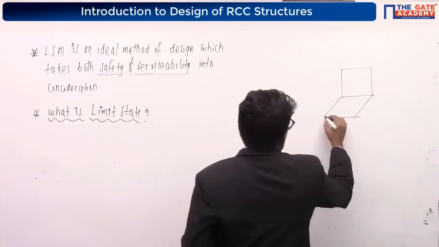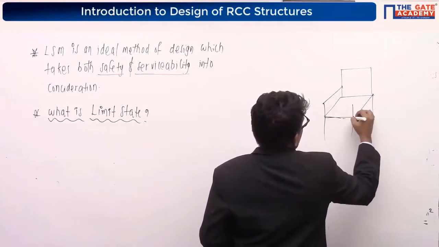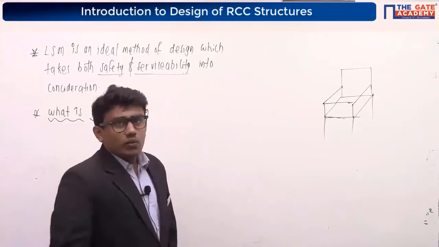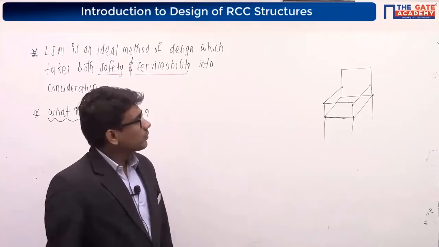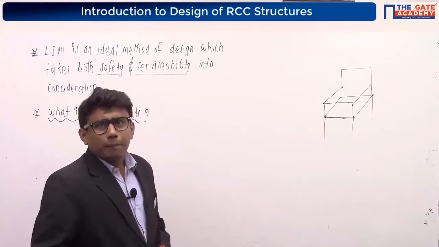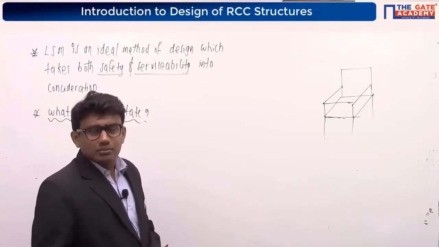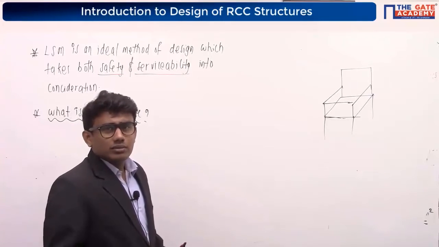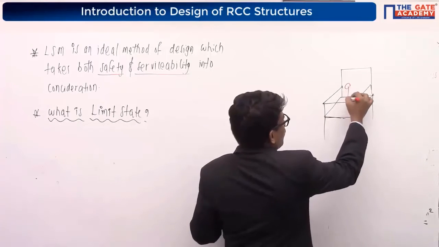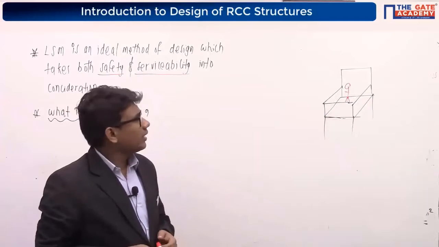When we discuss this chair, how many persons can sit on this chair at a time? Yes, around one person. One person can sit on this chair at a time, right?